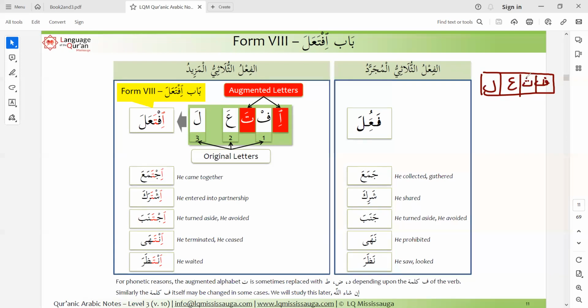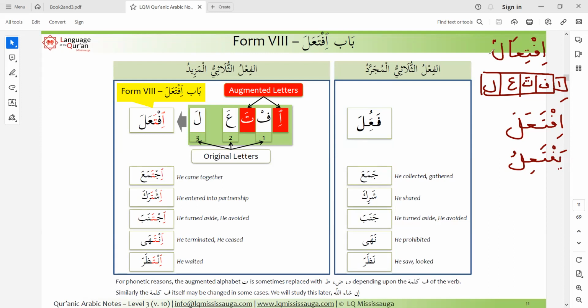We added a ta and hamzatul wasl. It becomes ifta'ala, yafta'ilu. And we'll remember this verb with the master, which is ifti'alun.